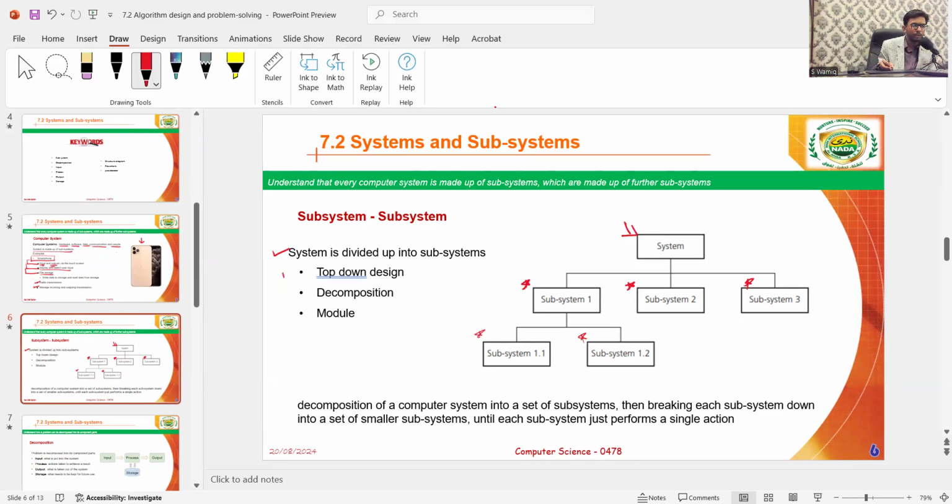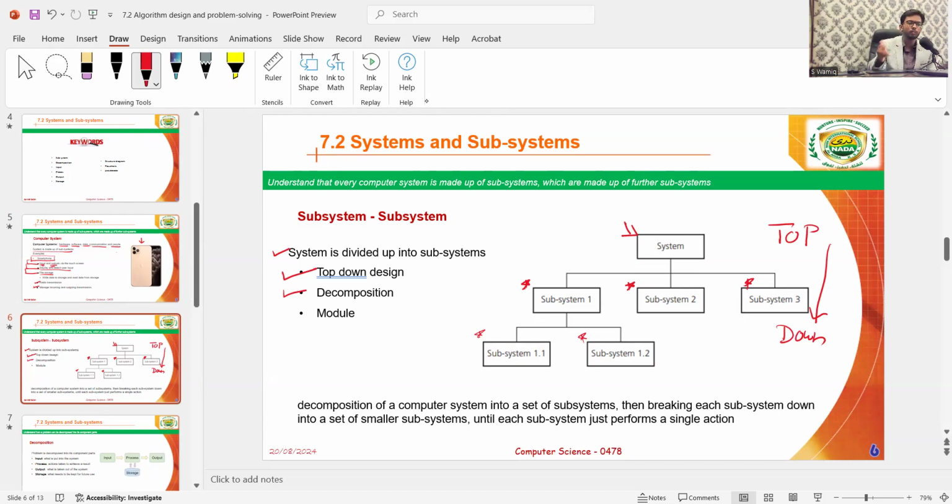I also name it a top-down design. Why do I consider it a top-down design? Because you can see that it starts from the top and goes downwards. It is also an example of decomposition. Decomposition means that you are breaking your problem into many areas.